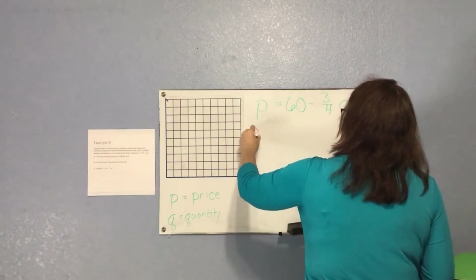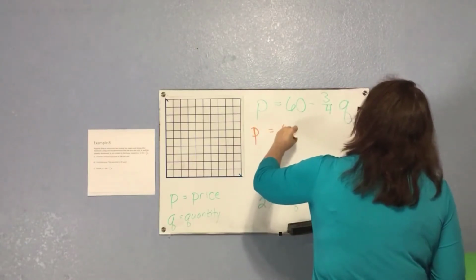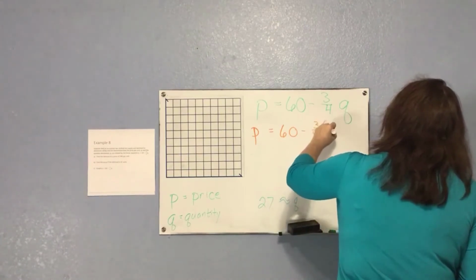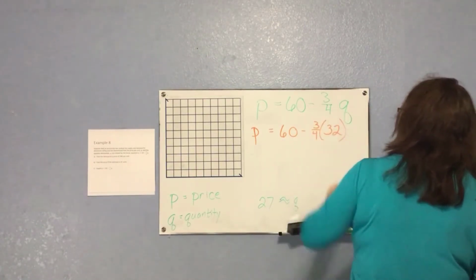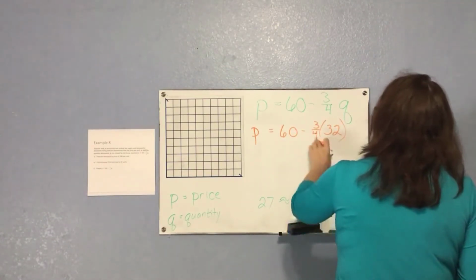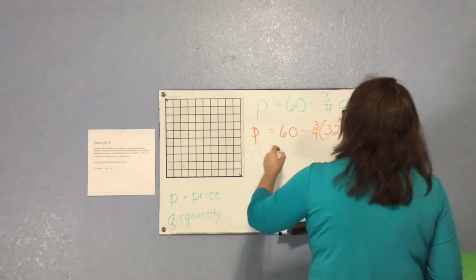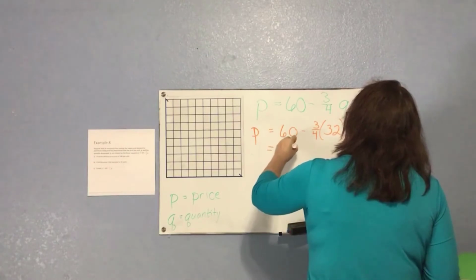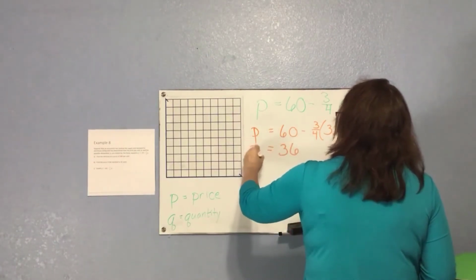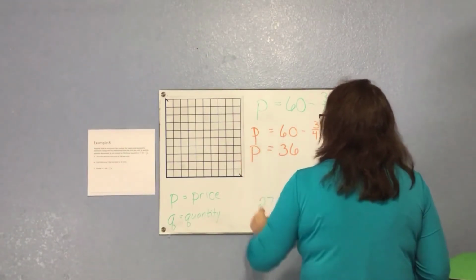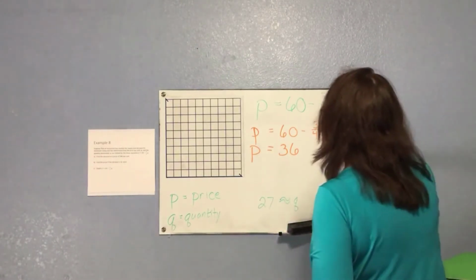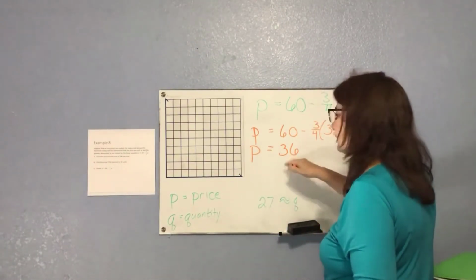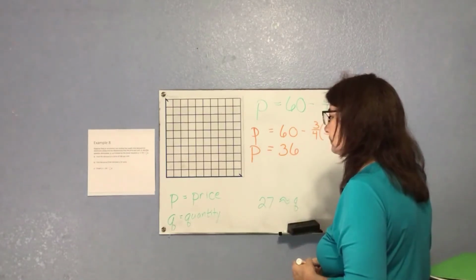So I'm going to have P is equal to 60 minus 3/4 of 32. Well, 1/4 of 32 is 8, so 3/4 would be 24, and 60 minus 24 would give us 36. So the price for the quantity of 32 would be $36.